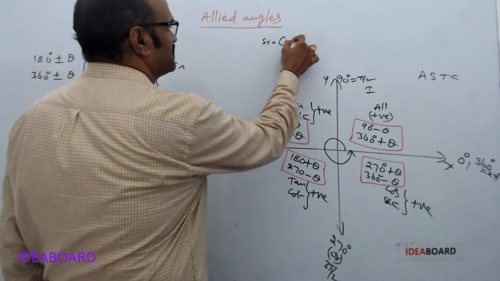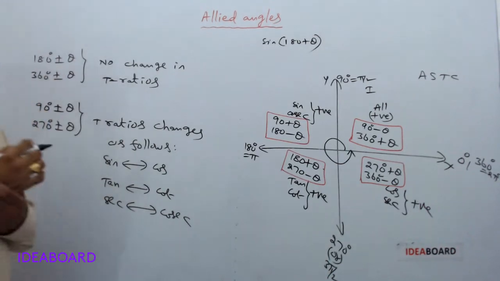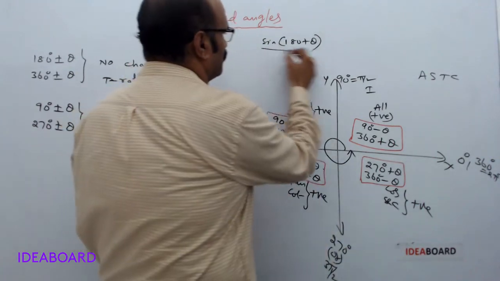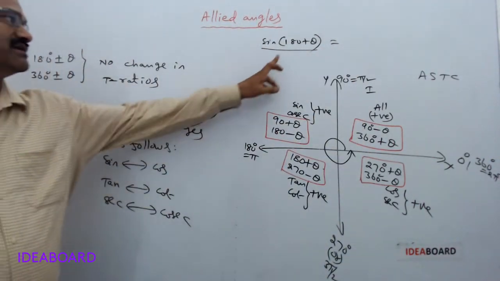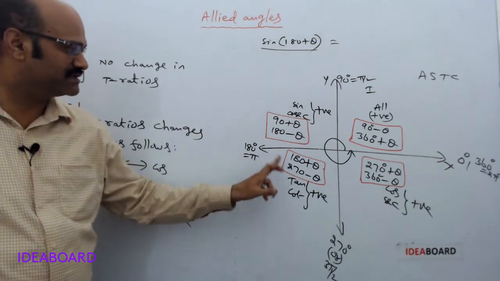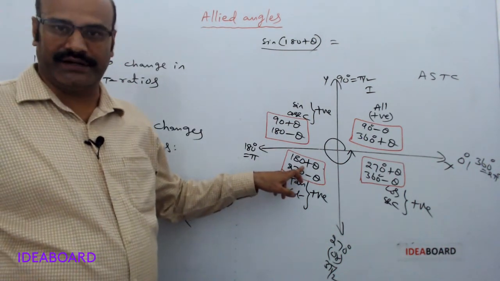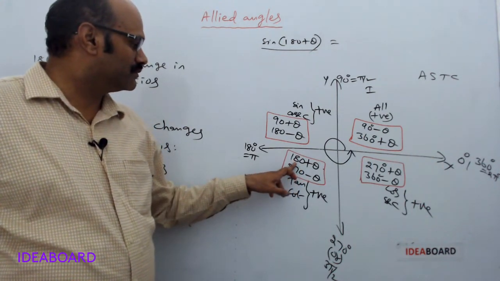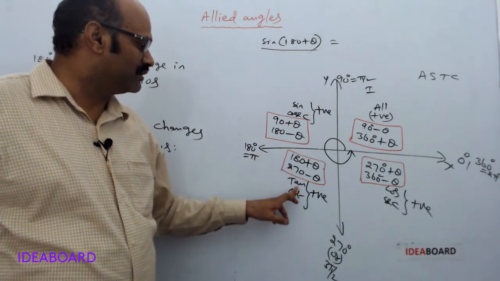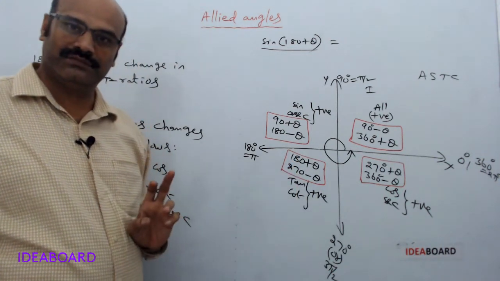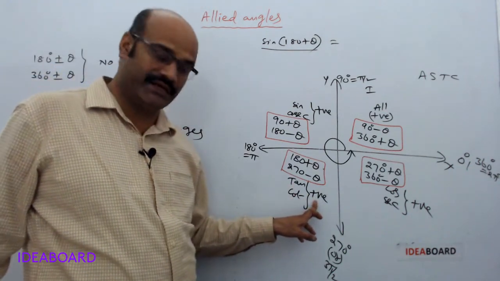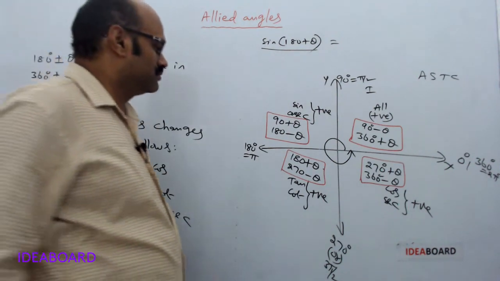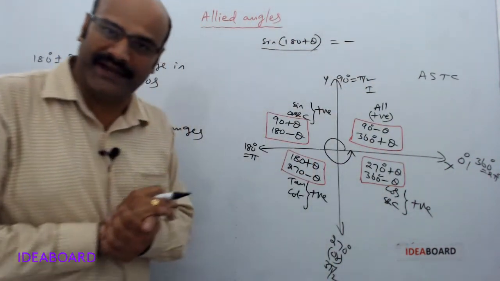Sin of 180 plus theta. Now 180 plus theta lies in which quadrant? It lies in the third quadrant. In the third quadrant, tan and cot are positive. So here sin is negative, so we have to take the sign minus.